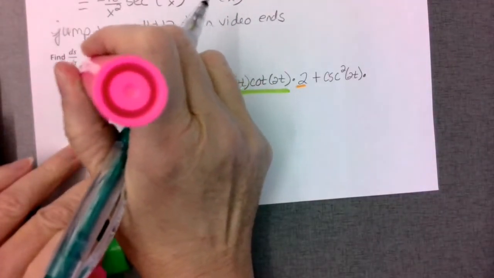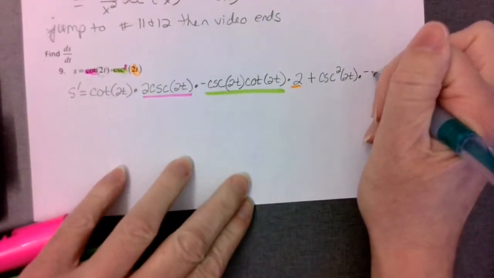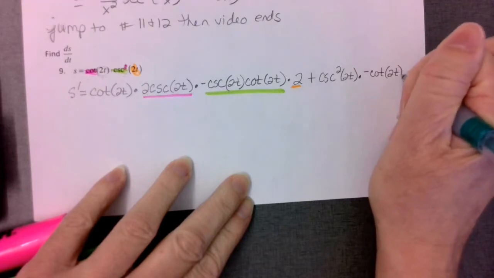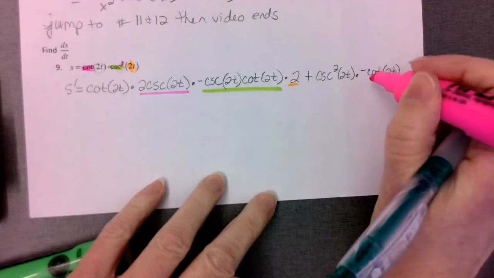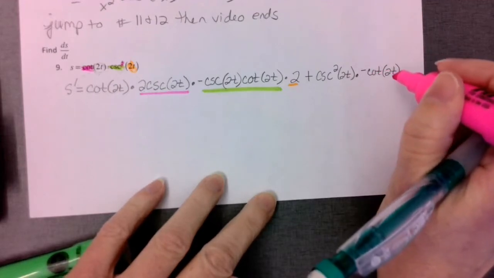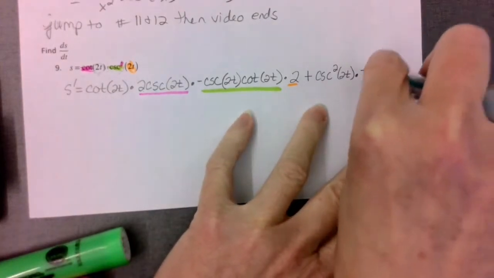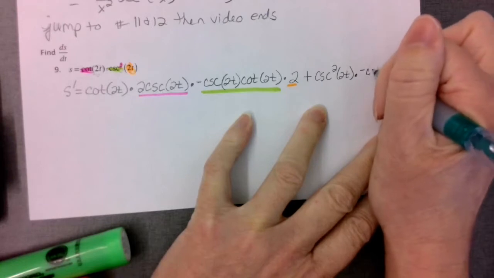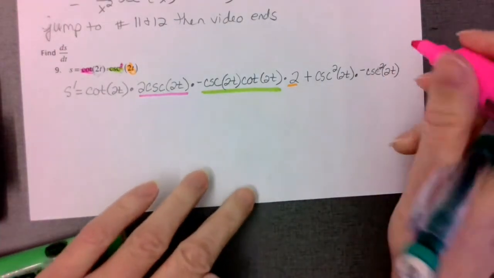Cotangent is first, it's the outermost function, so I'm going to say negative cotangent, keep my inside the same, so this corresponds, it's negative, derivative of cotangent is negative cosecant squared of 2t.